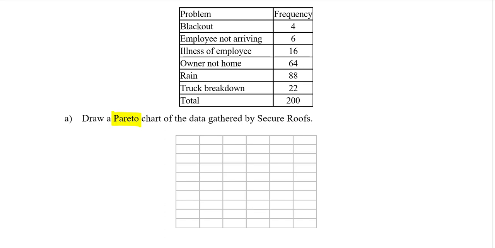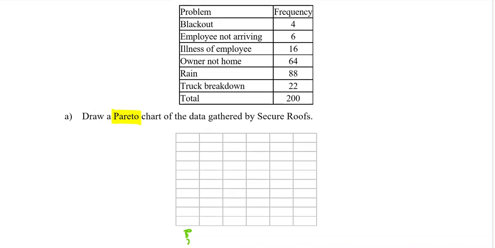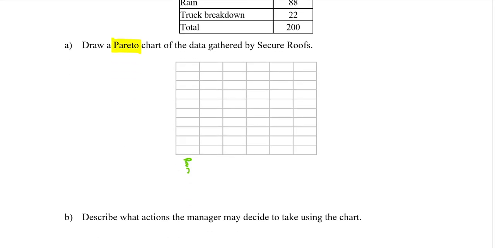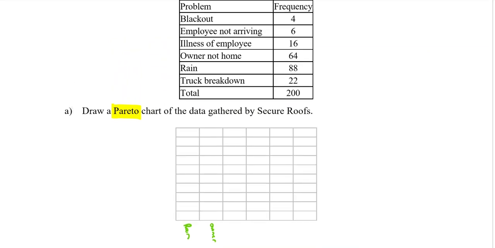So I have to look up here and ask, which thing happened the most? Rain was the biggest factor, so rain has to be the first thing down here. Next after rain, that's the 88, so I've done that one. The next biggest one was that the owner was not at home. Okay, so I've done that one and that one.